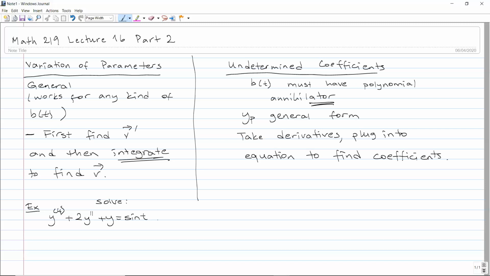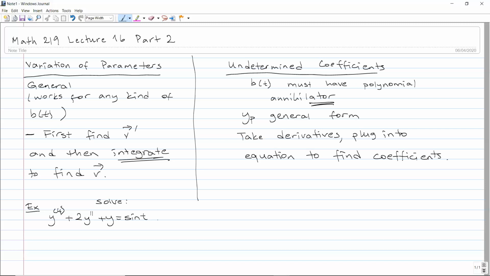So why do I choose the function sine t? Because as I said, in the method of variation of parameters, we need to integrate. So if you choose an arbitrary function, you may find your integration impossible in terms of elementary functions.